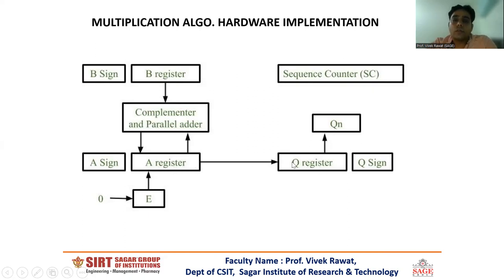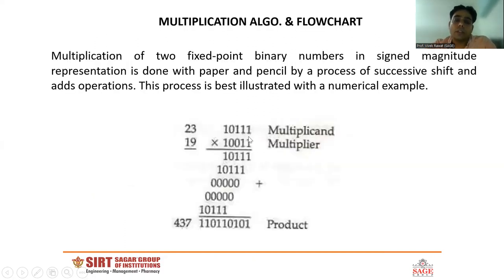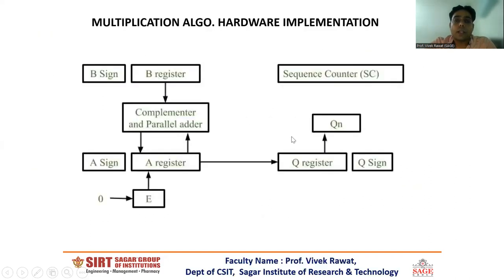In this multiplication algorithm, how do you save the digits? How does the ALU decide which number goes into which register? Here you can see the number 23, which is the multiplicand. We need to save this multiplicand in either the B register or the Q register.